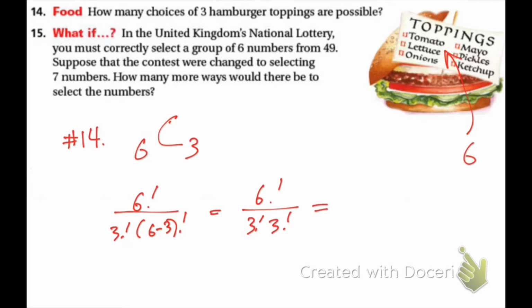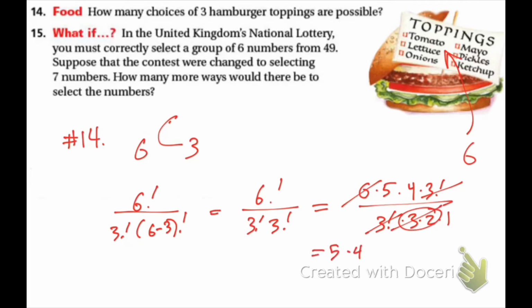You can do this one: 6 times 5 times 4 times 3 factorial over 3 factorial times 3 times 2 times 1. So those factorials cancel. 3 times 2 is 6. Those cancel. So you're left with 5 times 4, which is 20.